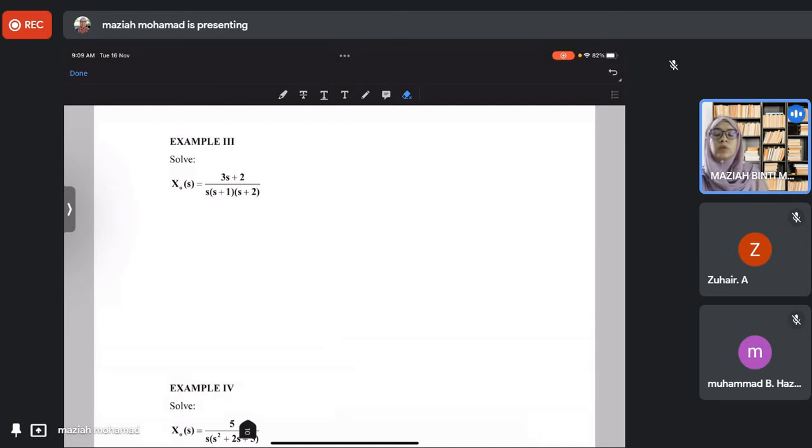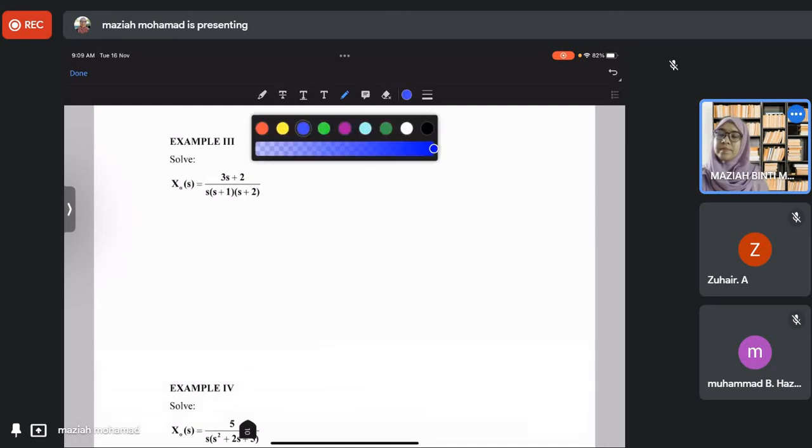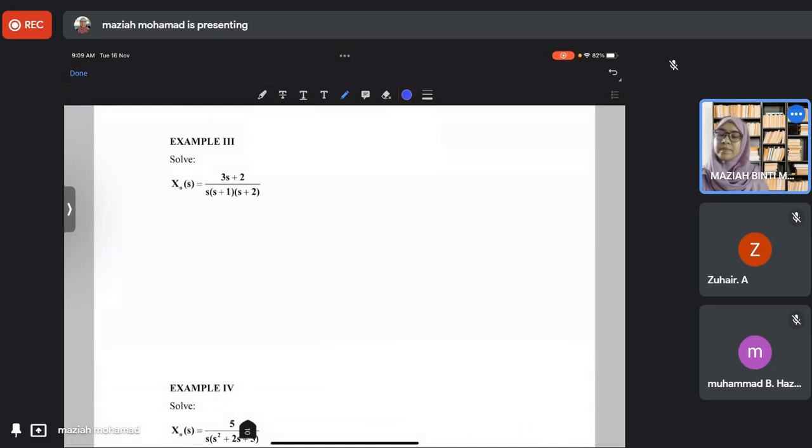All right, so for this one, what will become the partial fraction for example 3? A over S plus B over S plus 1 plus C over S plus 2. Yes, that is correct. C over S plus 2. Right? So you can refer to the table.